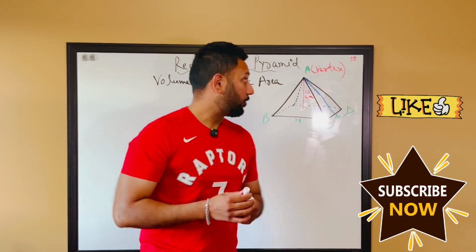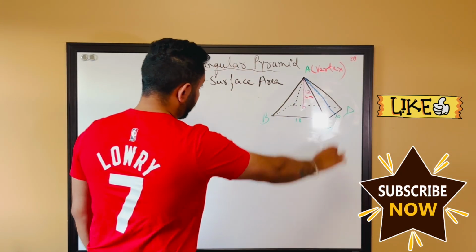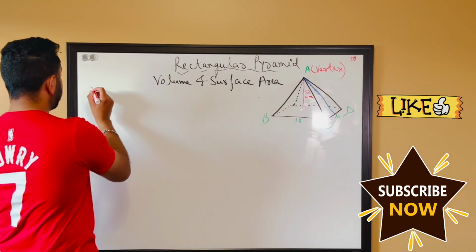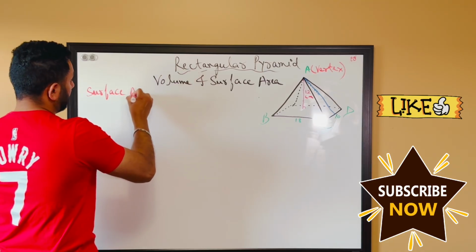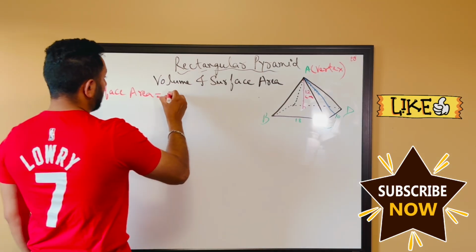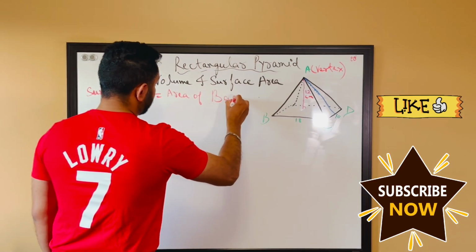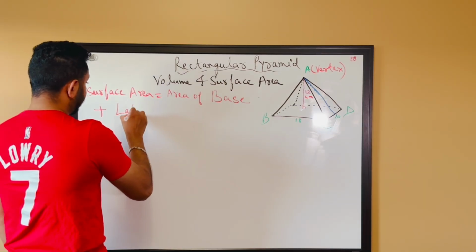So now we're gonna find out the surface area of a rectangular pyramid, like this figure. The formula for surface area is area of the base, which is rectangle, plus lateral areas.